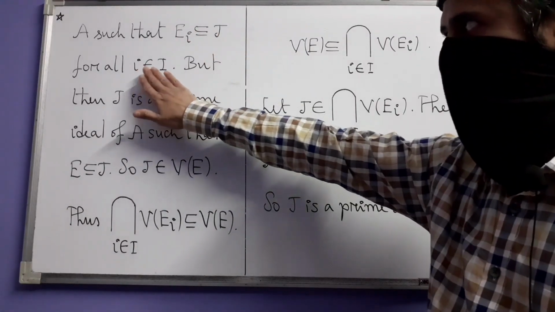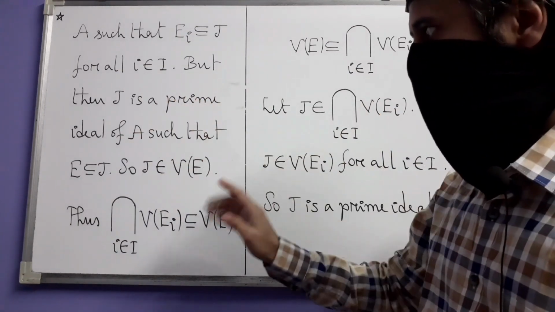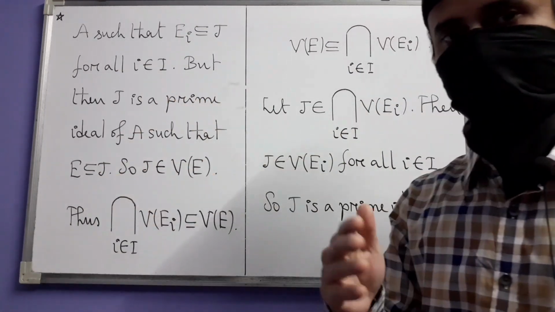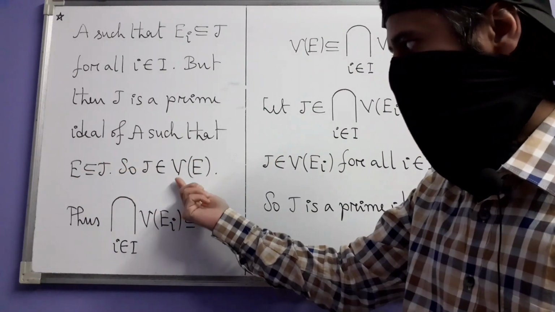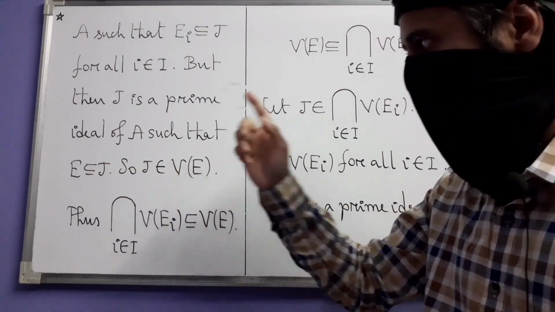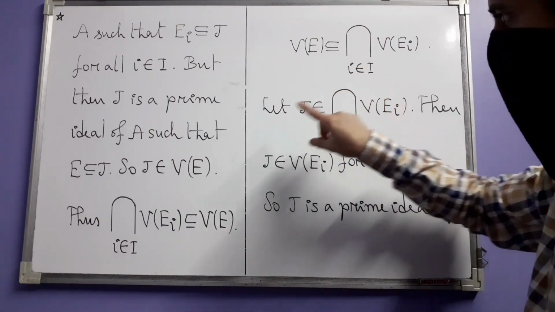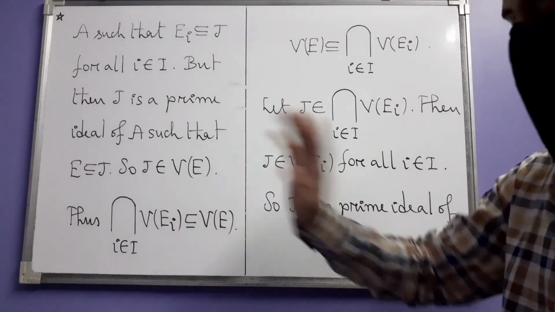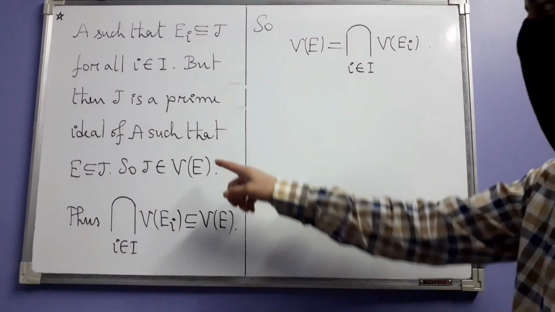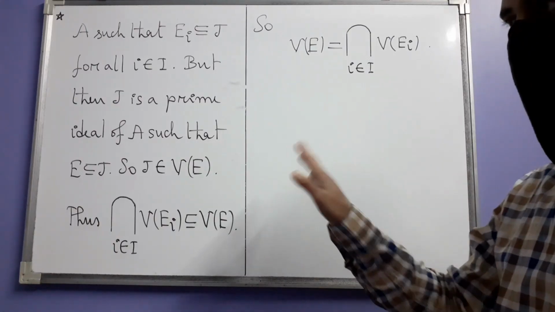But that happens for all i belonging to I. So that means that J is a prime ideal of A such that J also contains the union of these E_i, which is our E. But then by definition of V of E, J is an element of V of E. So that's how any element J here is also here. So that's how this is also a subset of this. So the two sets are equal. That's what we wanted to prove. So this is the solution to part 3.